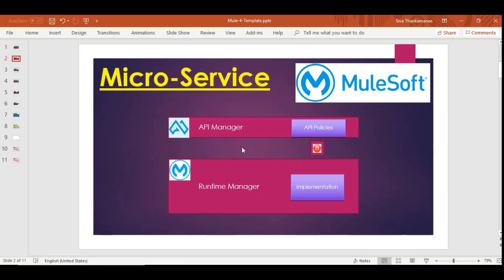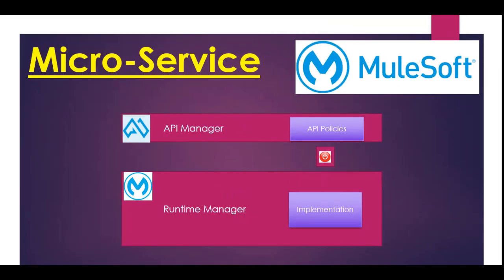I have created a slide to explain how it works. In MuleSoft, API Manager is completely different from Runtime Manager. In the Runtime Manager, you have all the implementation that's required. For example, the Mule flow, which we have just deployed, is an implementation which is available under Runtime Manager.